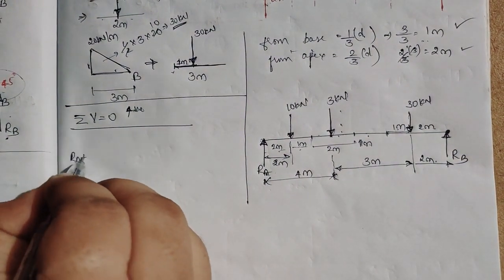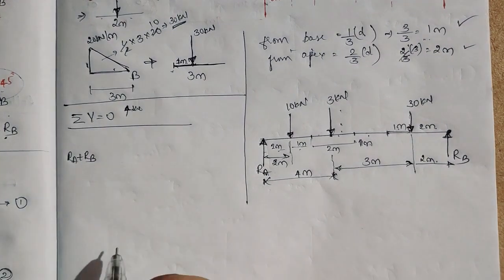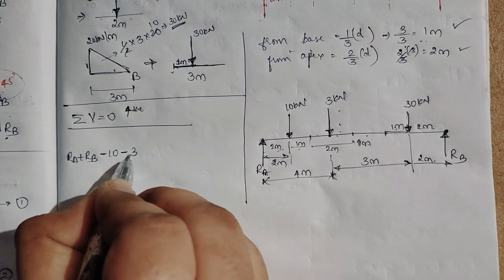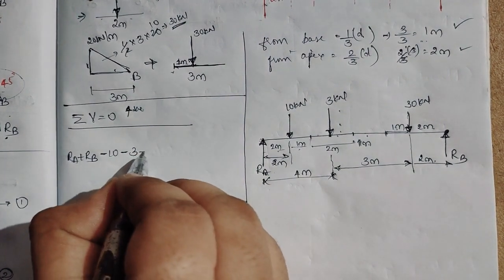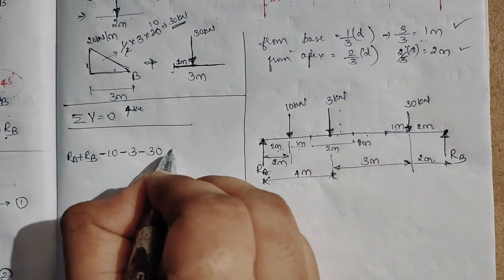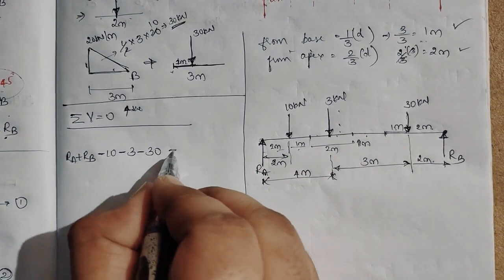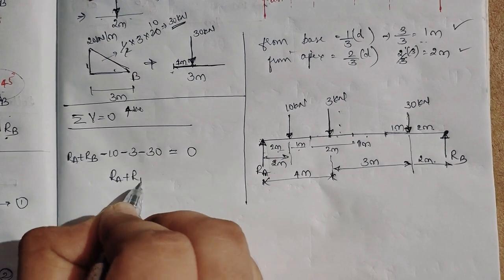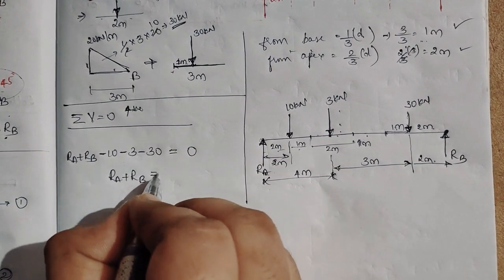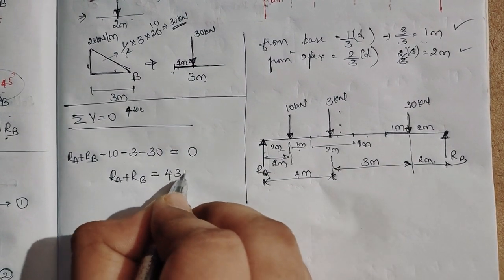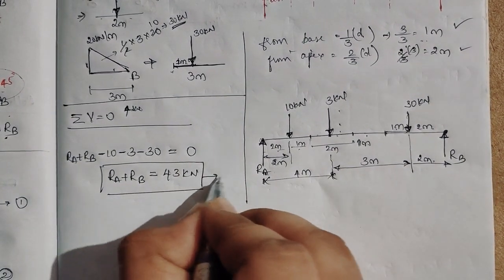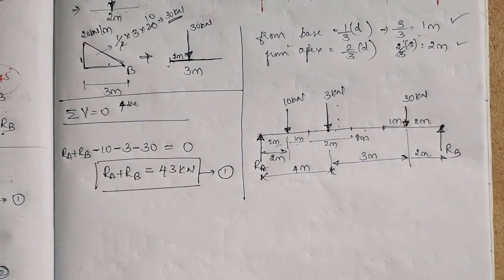So RA plus RB, then the forces 10 kilonewton minus 10 minus 3 minus 30, any force, is equal to 0. So RA plus RB is equal to 43 kilonewton. So this may be equation number 1.